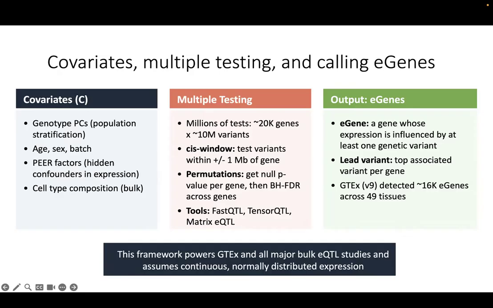A gene that passes the threshold is called an eGene, and its top associated variant is its lead variant. And GTEx has successfully applied this framework across 49 tissues from nearly 1,000 donors and identified approximately 16,000 eGenes.